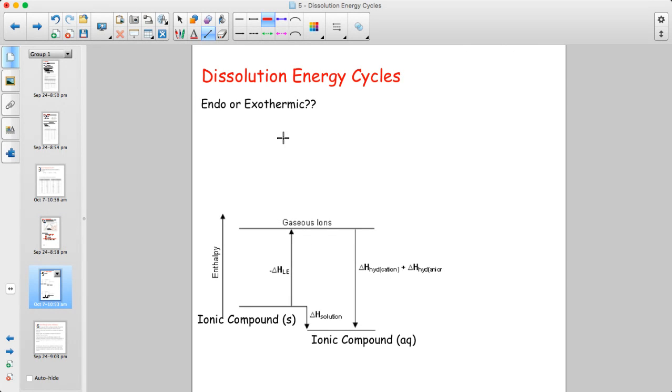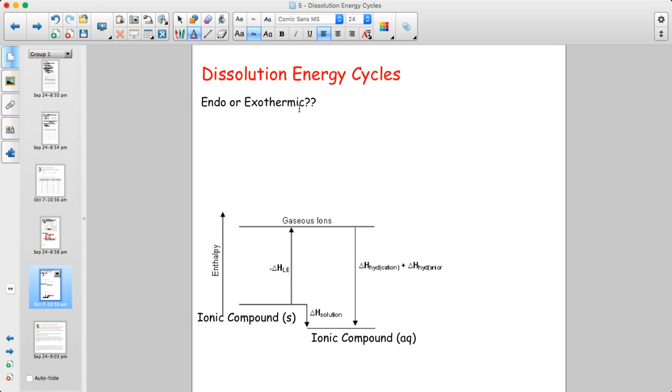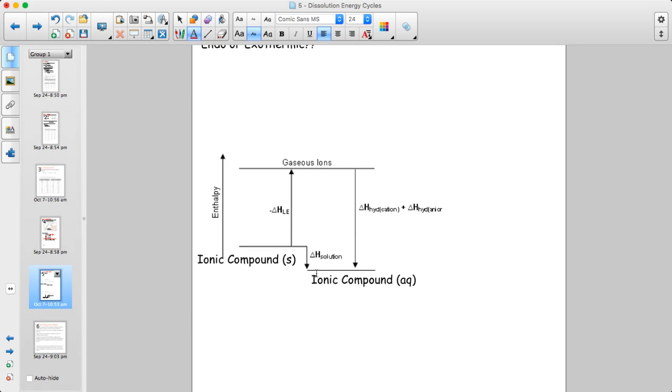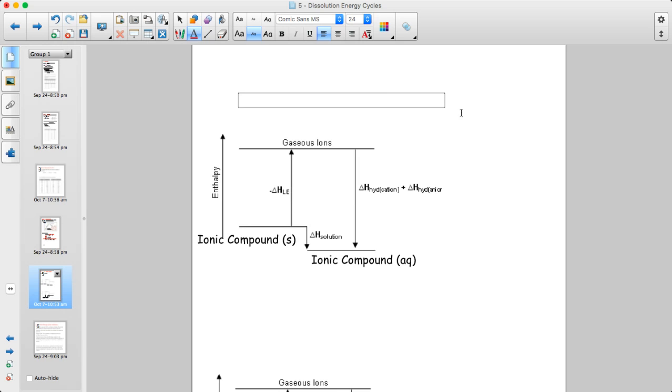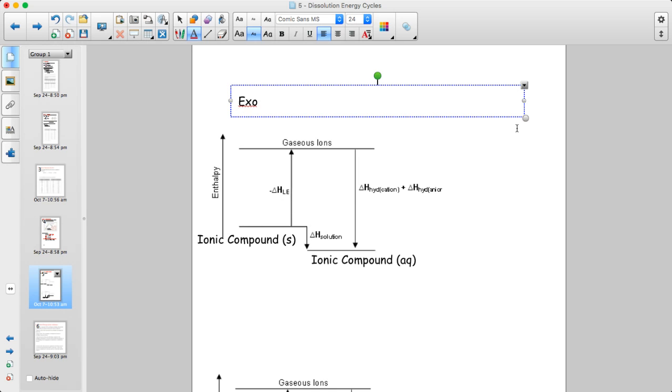So will it be endo or exothermic to dissolve a salt? Well, that depends. It depends on how these values compare. If the lattice enthalpy is smaller than the combined enthalpies of hydration, you'll get an exothermic enthalpy of aqueous solution.